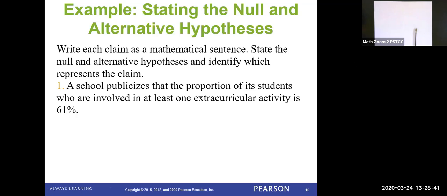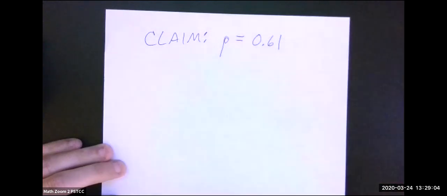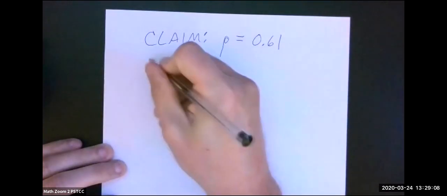So let's write the claim and the hypotheses. Start with the claim. We are talking about proportion. The school claims that the proportion is 61%, so equal to 0.61. Now we write the hypotheses.